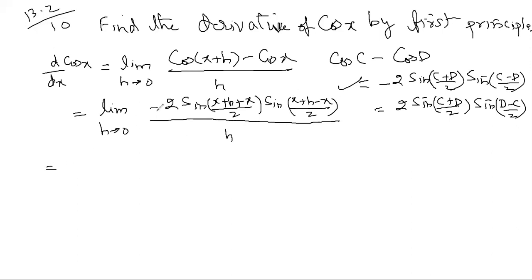And this minus 2 can be taken out. It is a constant, it has nothing to do with the limits, so it can be taken out from the limit.